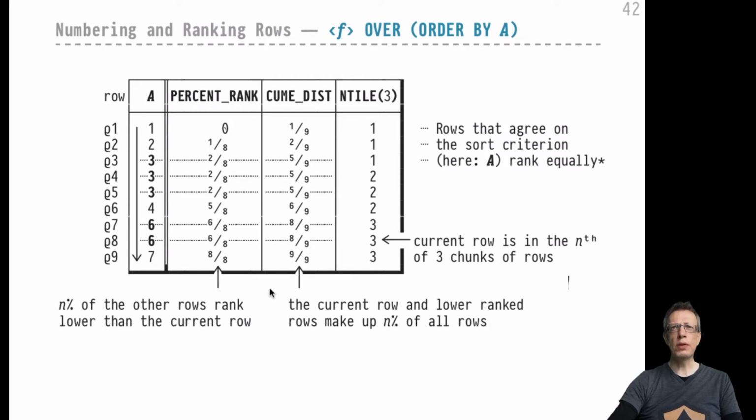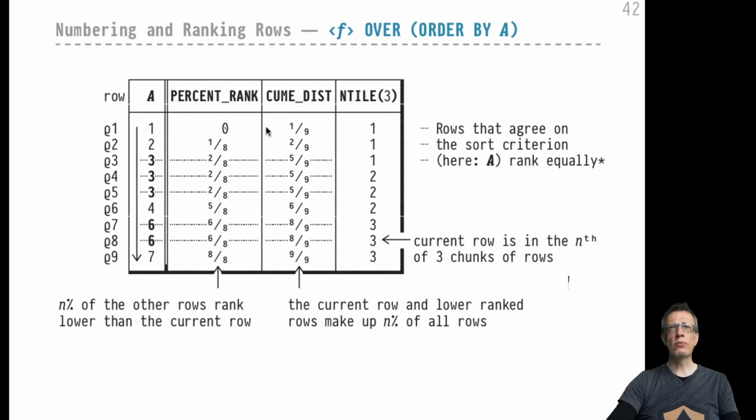A related function would be the cumulative distribution function, the cumdist window function. This would look at the current row and all other rows that have been lower ranked than the current row. So everything that has been seen in that order from the beginning until we've reached the current row. How many percent of rows have we seen so far? It's 9 rows overall here, so that's why you see this ratio with 9 here.